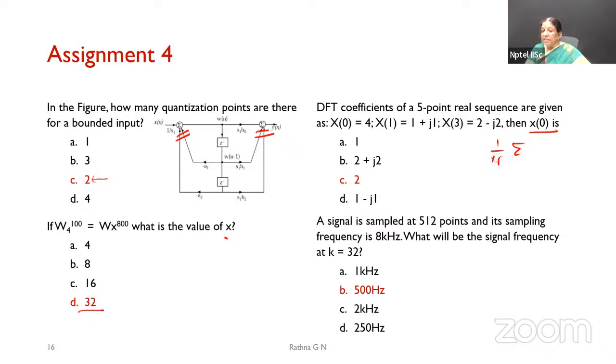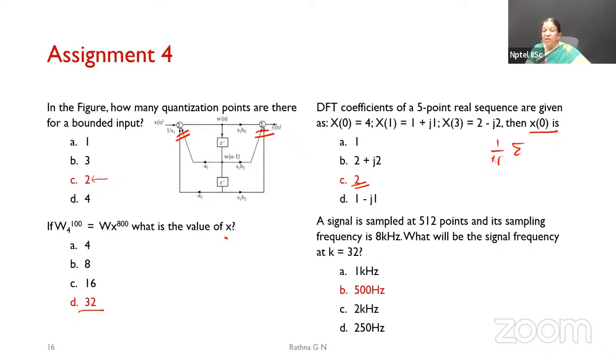In this case, it is a 5-point real sequence you have been given. So when you put back in your equation or use your FFT, you will be getting 2 as your answer.